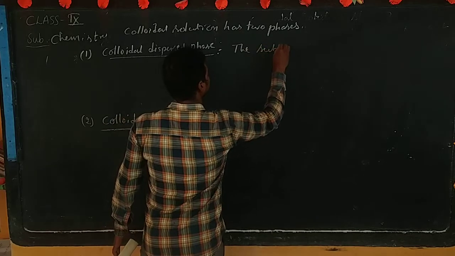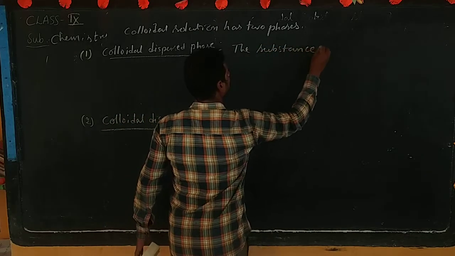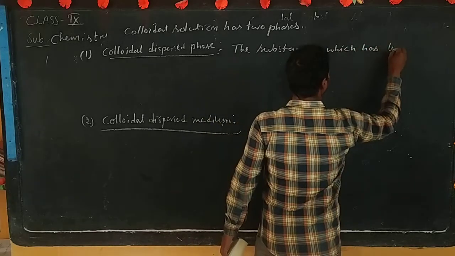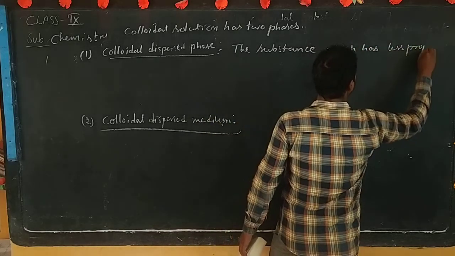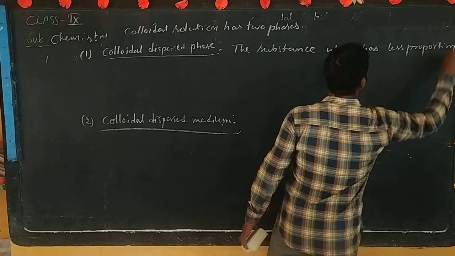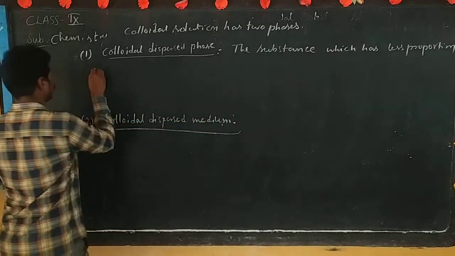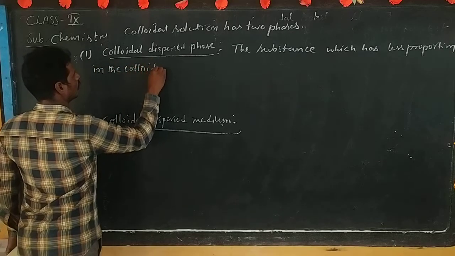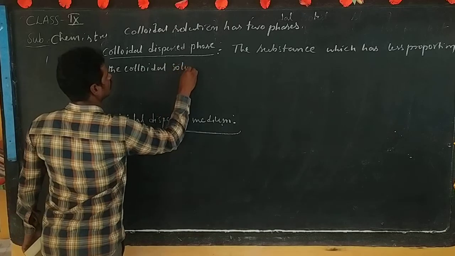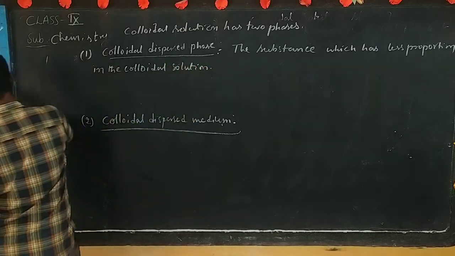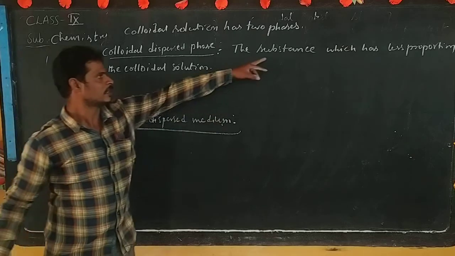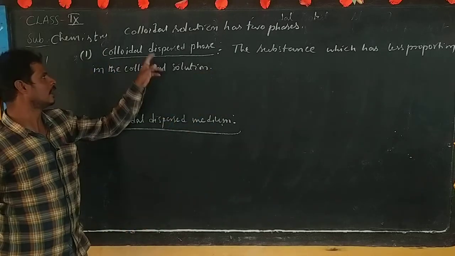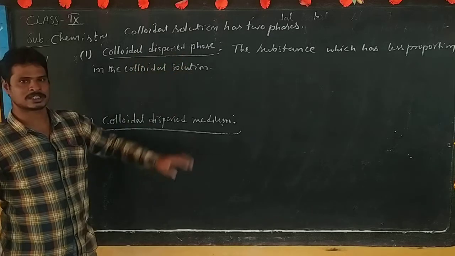The substance which has less proportion in the colloidal solution is called the colloidal dispersed phase.